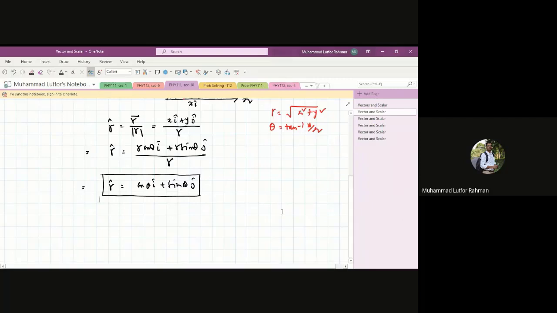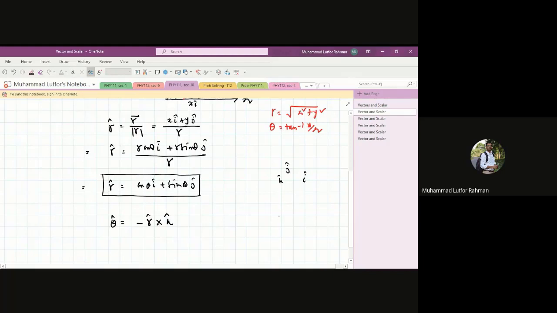Theta hat I can find using another condition. I can write theta hat as minus r hat cross k hat. How do I write that? Look at this. In the Cartesian coordinate system, I have three unit vectors i, j, k.